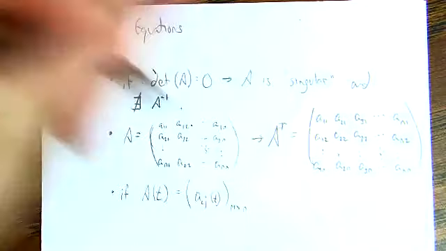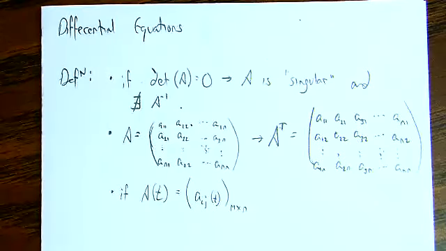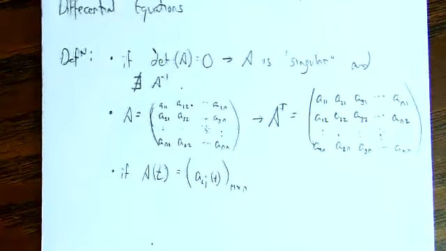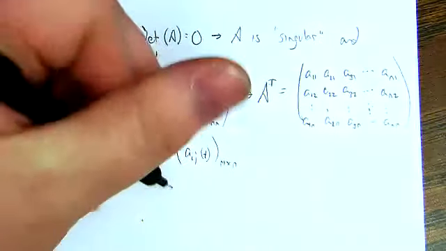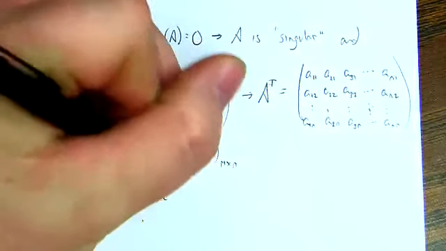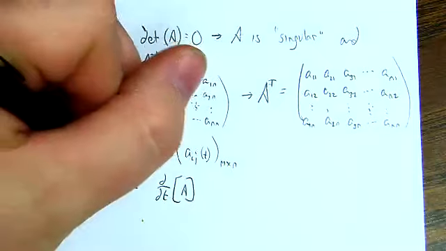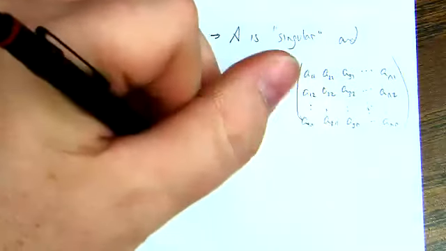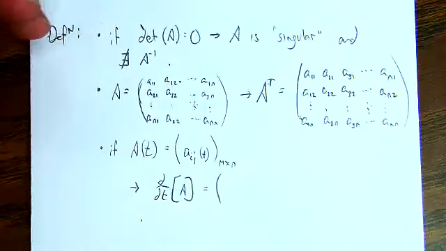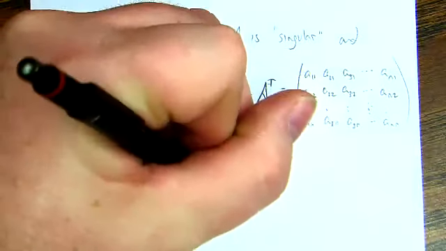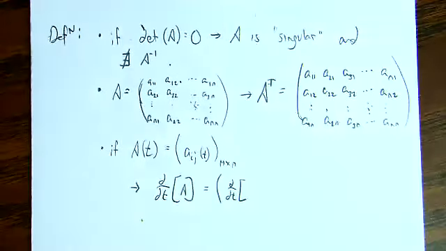On an m by n matrix, we can do calculus. We can define the derivative with respect to t of A, which is just the matrix of the derivatives of the individual elements.